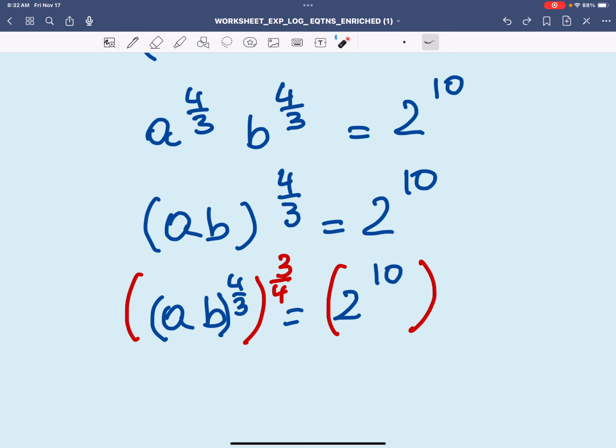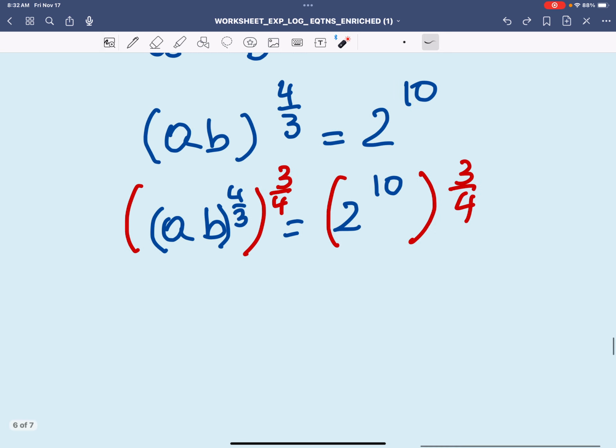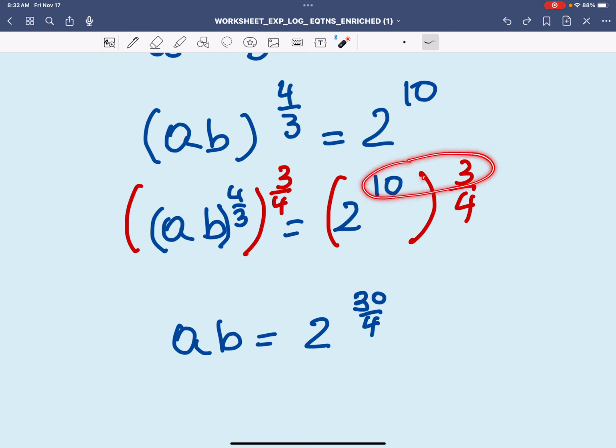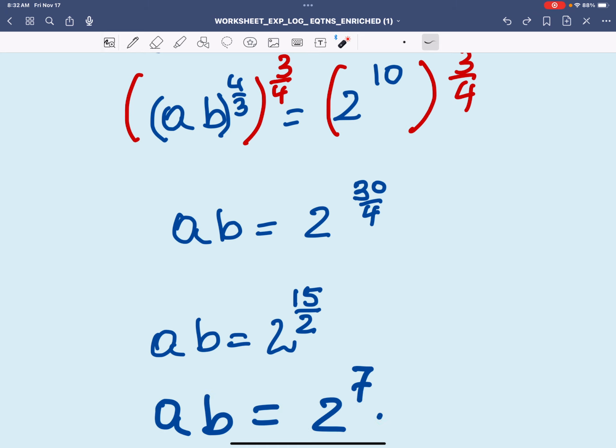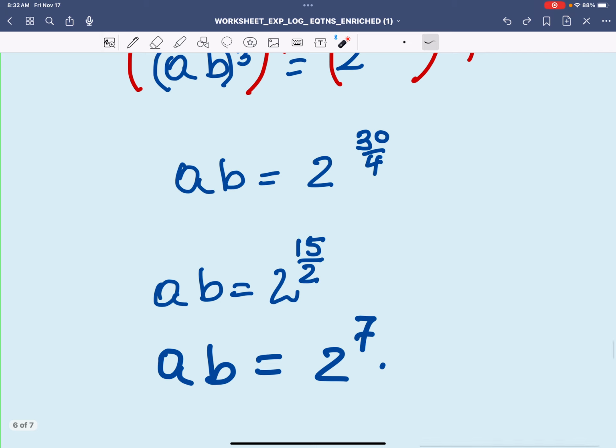Okay, so I'm going to do this slowly. There we go. And now the left side has become a times b, and the right side is 2 to the power of 10 times 3 over 4, which multiplies to 30 divided by 4. And 30 divided by 4, let's take a look at what that can become, is 2 to the power of 15 over 2, or even better, 2 to the power of 7.5, or 7 plus 1 over 2.